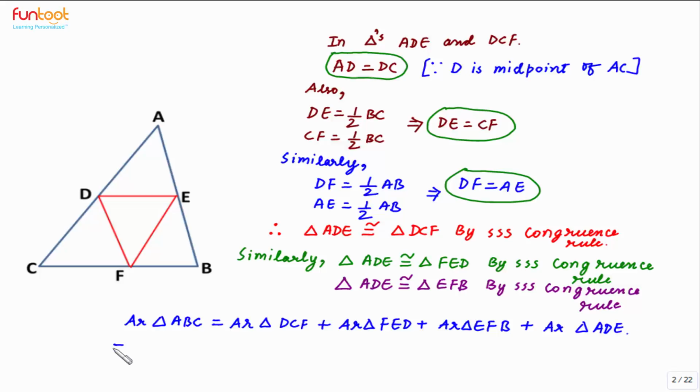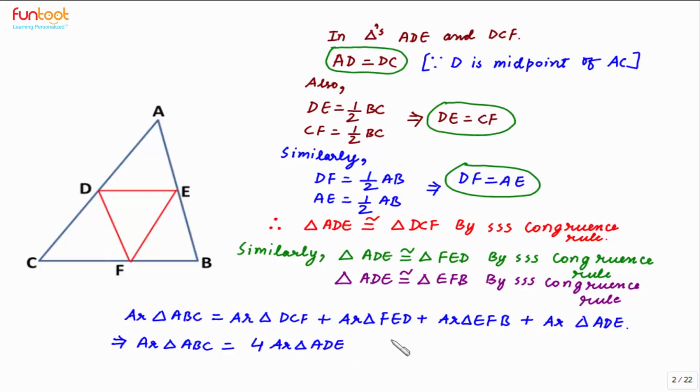This implies that area triangle ABC is equal to, we have already discussed that areas of all these triangles are equal, so we can write this as 4 times area triangle ADE. This is what we had to prove here.